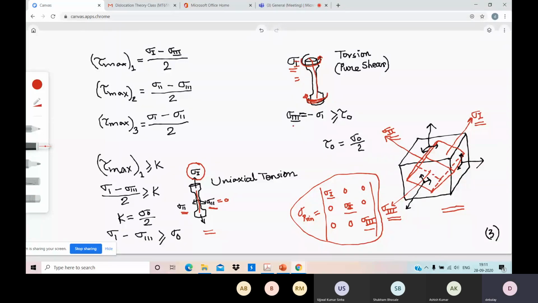These are the principal. And sigma Roman 1 is equal to minus sigma Roman 3, because they are acting opposite. And this is your sigma 2, which is equal to 0, because you are not pulling the specimen. So this is 0.